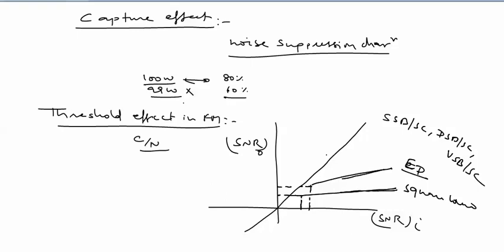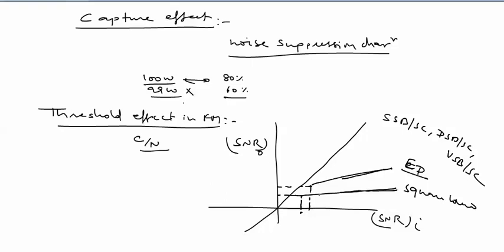Threshold effect, I repeat: minimum value of carrier to noise ratio for which FM's noise improvement does not deteriorate significantly. Up to this level is known as threshold. This much minimum value is required.